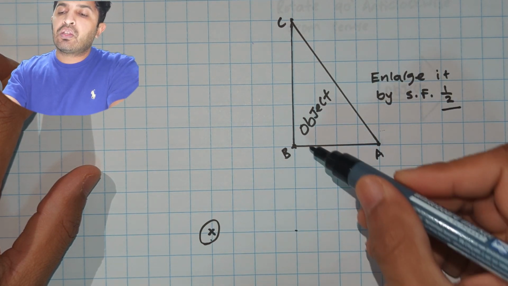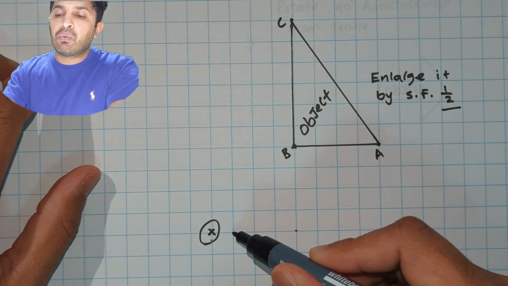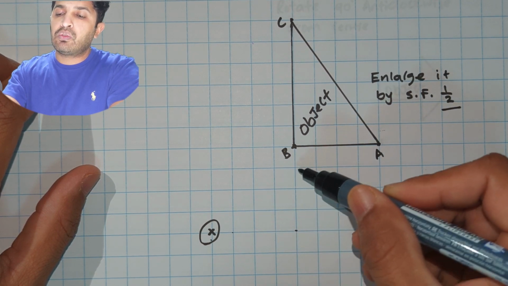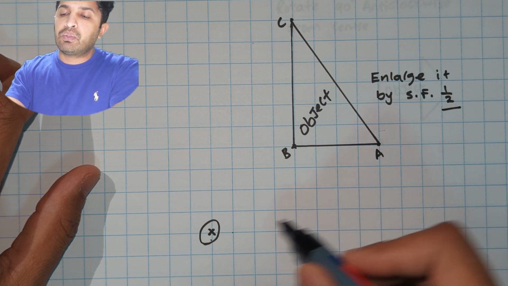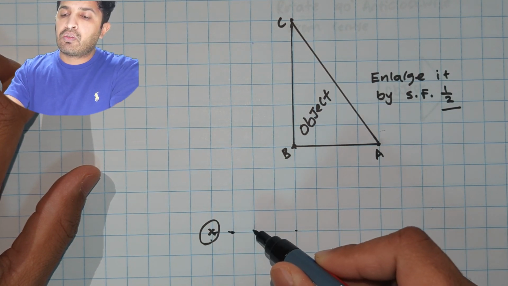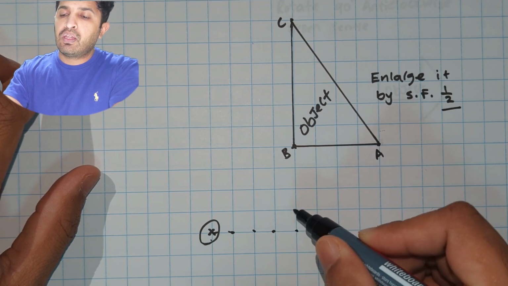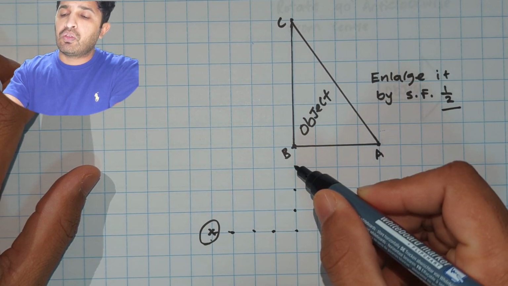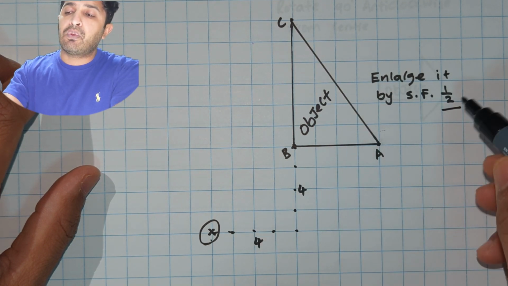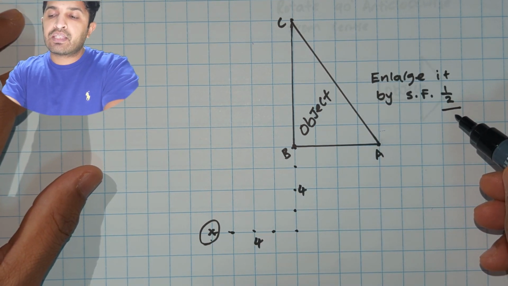From the center to B, I'm going 1, 2, 3, 4 to the right, and 1, 2, 3, 4 up. So that distance there is 4, and that distance there is 4. The scale factor we've been given is half.